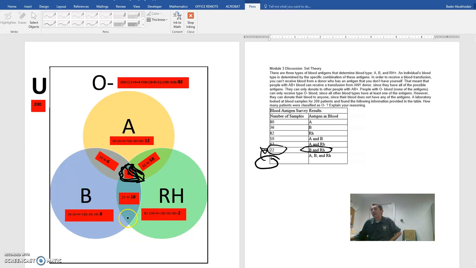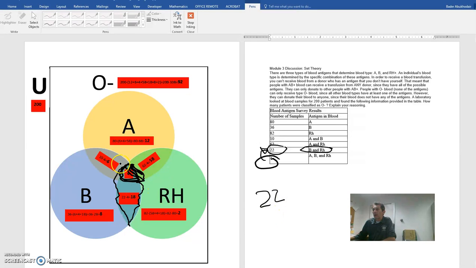So this area over here should have people that have B and RH. The total of the people in the common area between B and RH should be 22.